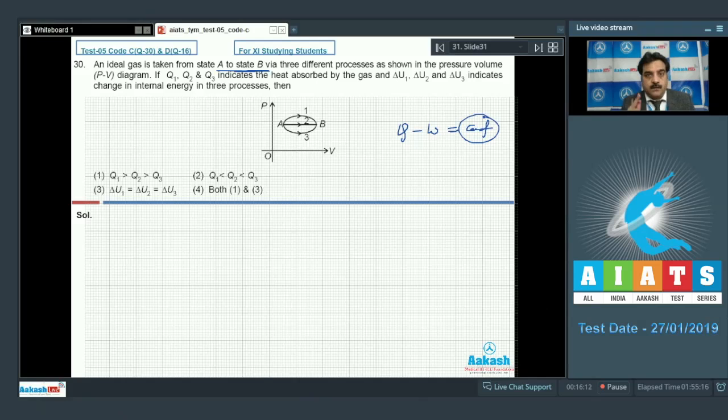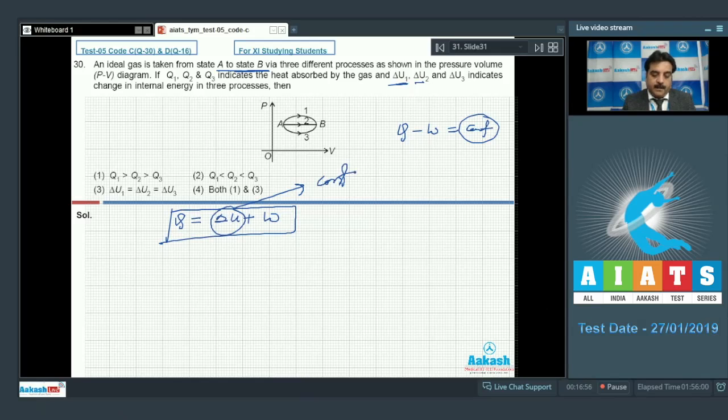And this constant value is called the change in internal energy. So in all cases, the change in internal energy, ΔU1, ΔU2, ΔU3, will remain constant. If I use the first law of thermodynamics, change in internal energy plus work done, then we can say the value of ΔU will remain constant. So we will observe the amount of heat with respect to the work only, because the change in internal energy will remain constant. If I go by the area under the PV graph, you will get the work.